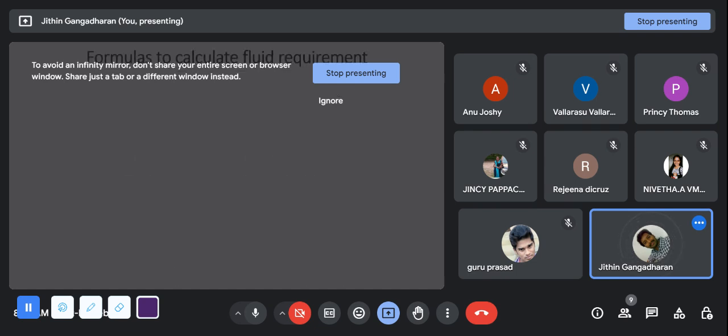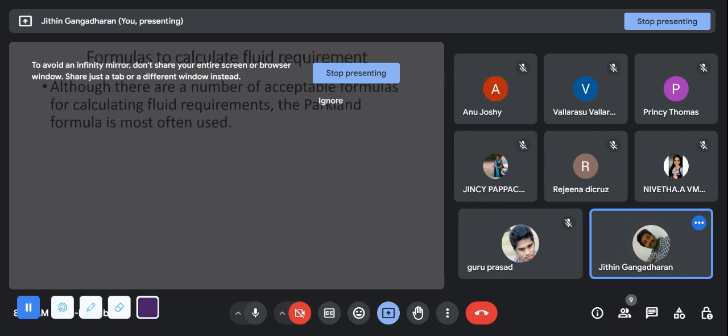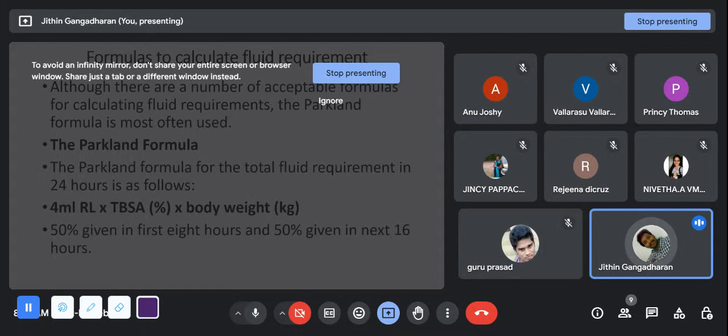Now, fluid requirement. We have a lot of fluid calculation methods, but the Parkland formula is the most used. Kindly study this. Burns fluid calculation has been asked many times in exams.